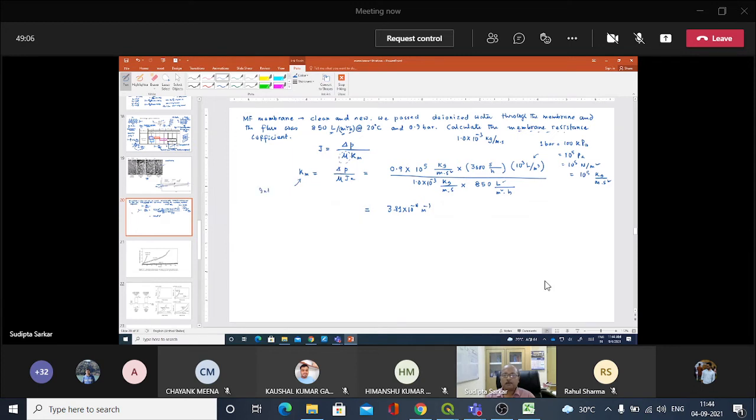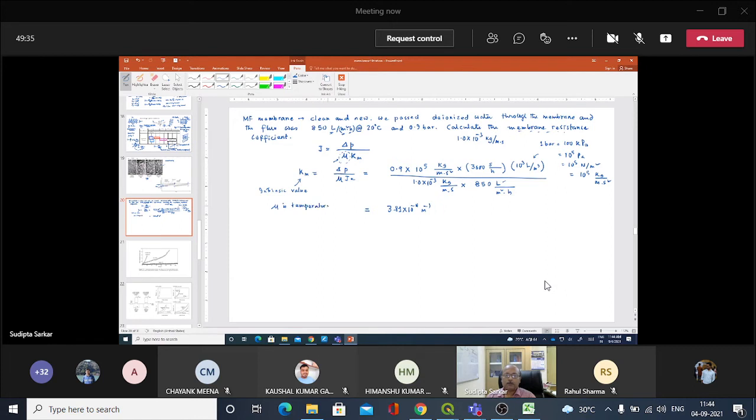Km is an intrinsic value which is not going to change for any environmental change in the temperature. So for different operations, you can see that mu varies with temperature. So mu is temperature dependent.